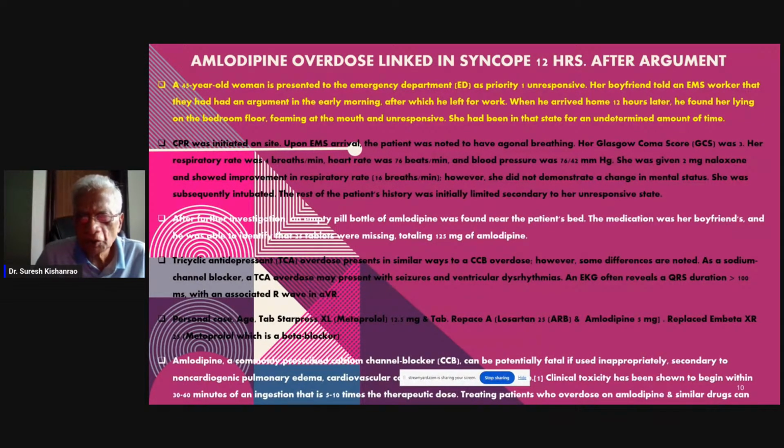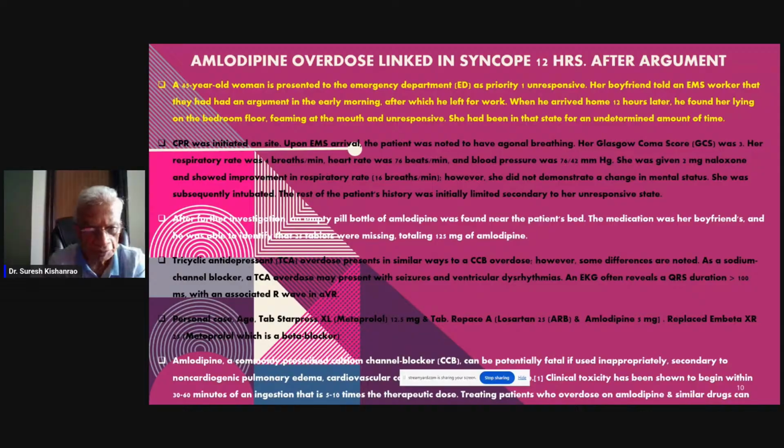She did not demonstrate a change in mental status. Subsequently, she was intubated, and the rest of the patient history was initially limited secondary to her unresponsive state. After further investigation, a bottle of amlodipine pills was found near her bed, though she was not on the medication, but her husband was using them.